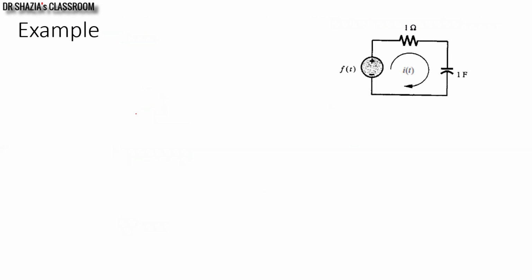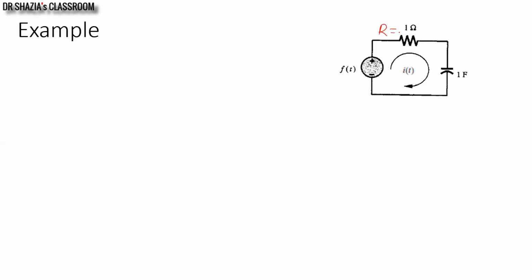I have considered an RC circuit for explaining all the above concepts we discussed. In this particular circuit, if I write my loop equation, the input to the system is f(t). Resistance R is 1 ohm.